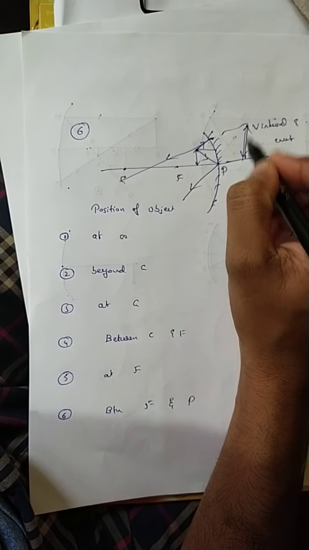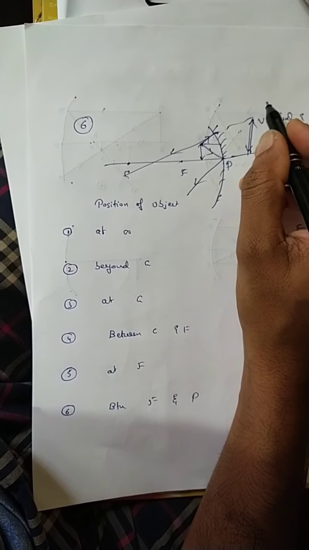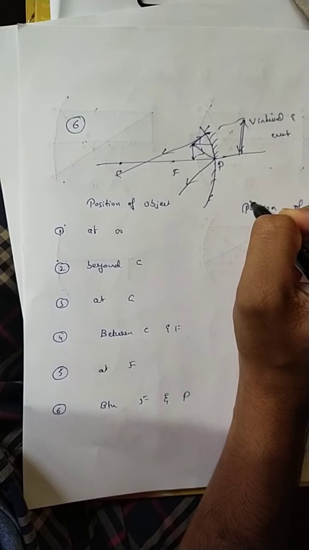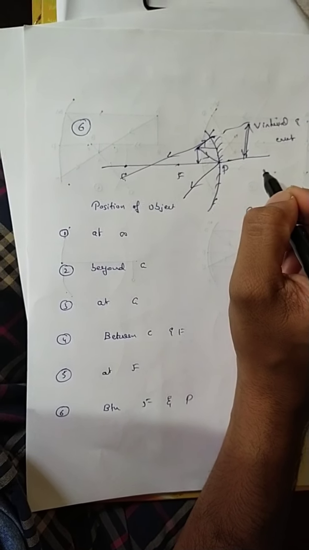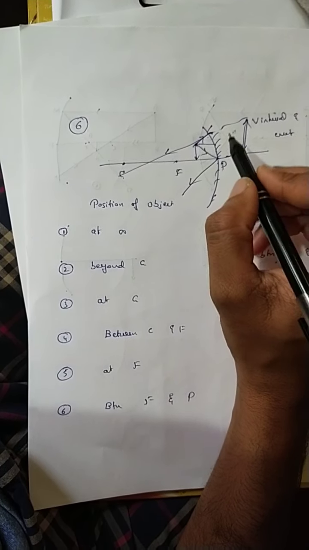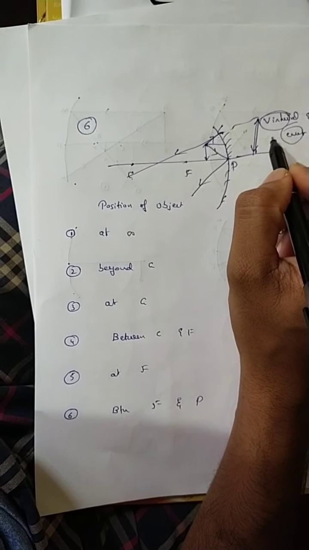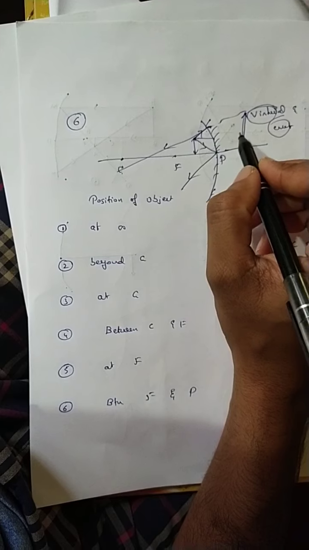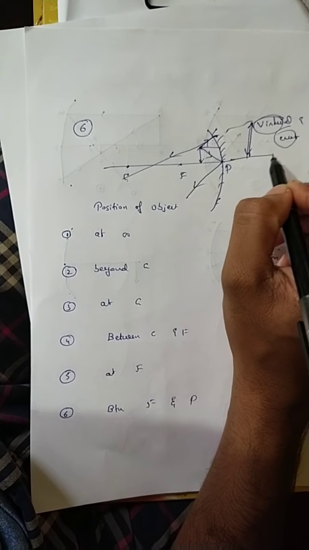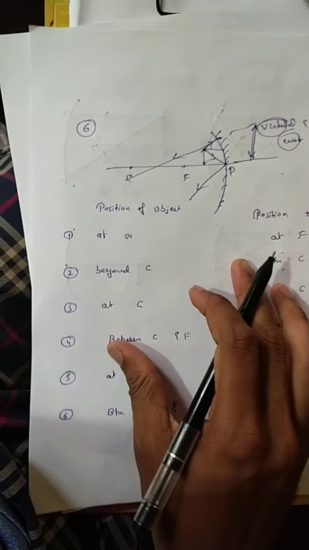The image is obtained on the upper side of the principal axis. If it is on the lower side of the principal axis, that means it is inverted. The image is obtained on the other side of the mirror, so it is called virtual, and on the upper side of the principal axis, so it is called erect. So these are the differences between the different diagrams.